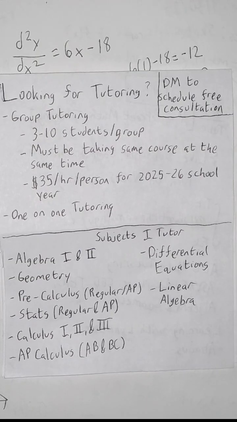I'm struggling with linear algebra. Any tips? So how far are you along into the class? Is it still pretty early, or have you been going along? Early, 2 months in. Okay.